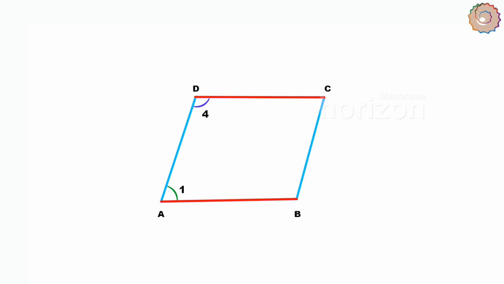Next, for lines AB and BC with AD as transversal, angle 1 and angle 4 are interior angles on the same side of the transversal. So, we can write angle 1 plus angle 4 is equal to 180 degrees. Since interior angles on the same side of a transversal are supplementary, we can write AB parallel to DC. Thus, in ABCD, both pairs of opposite sides are parallel. That is, ABCD is a parallelogram.